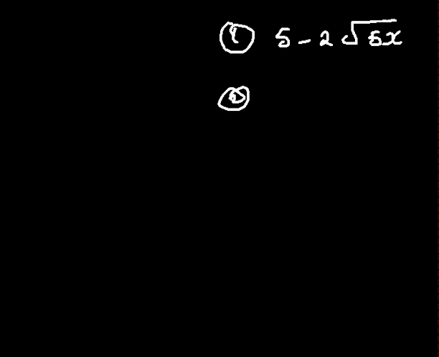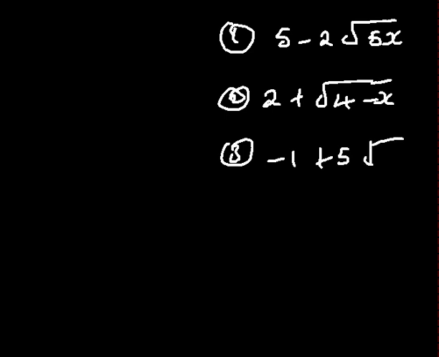And also try to have the conjugate of the following. Let's say if we have 5 minus 2 times the square root of 5x. And what if we have 2 plus the square root of 4 minus x? And we should also have the nth roots, let's say, the conjugate of -1 plus 5 times the square root of y.